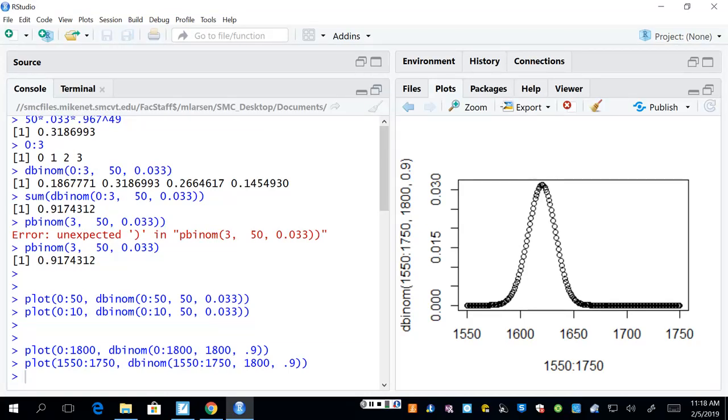You're unlikely to get 1,700. Can you guarantee me that if you survey 1,800 and there's 90%, you'll get at least 100 that do not have internet cable to ask them questions? Can't really guarantee it, but it occurs with a really high probability. The probability that you're above 1,700 is trivial.